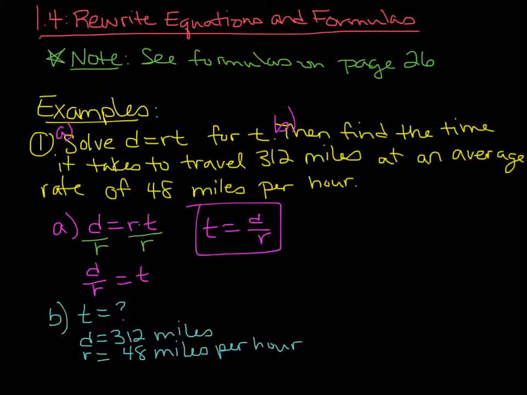One thing you might notice is that your time is going to be in hours. The way that we know that is because our R mentions hours. So now you're going to take the formula that you just solved and substitute in D equals 312 and R equals 48. In the end, you will find that your T is 6.5, and once again, that's going to be in hours.